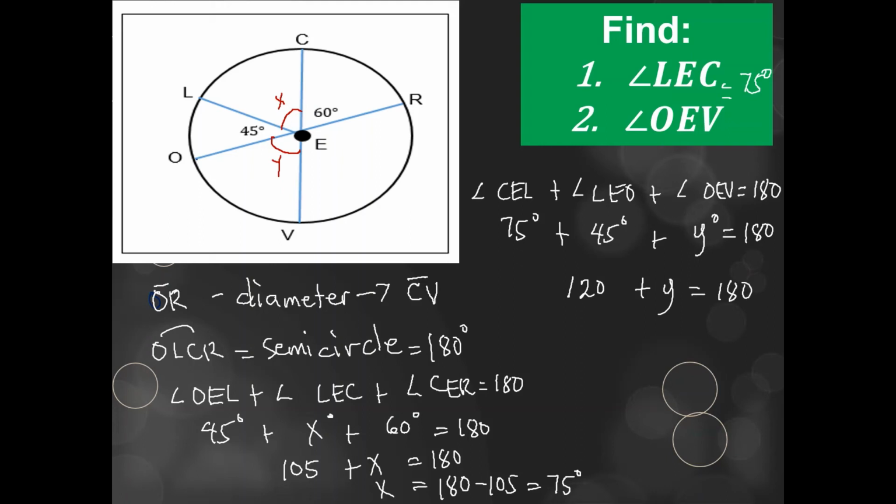To solve for Y, we have 180 minus 120, and Y is 60 degrees. So the measurement of our angle OEV is equal to 60 degrees.